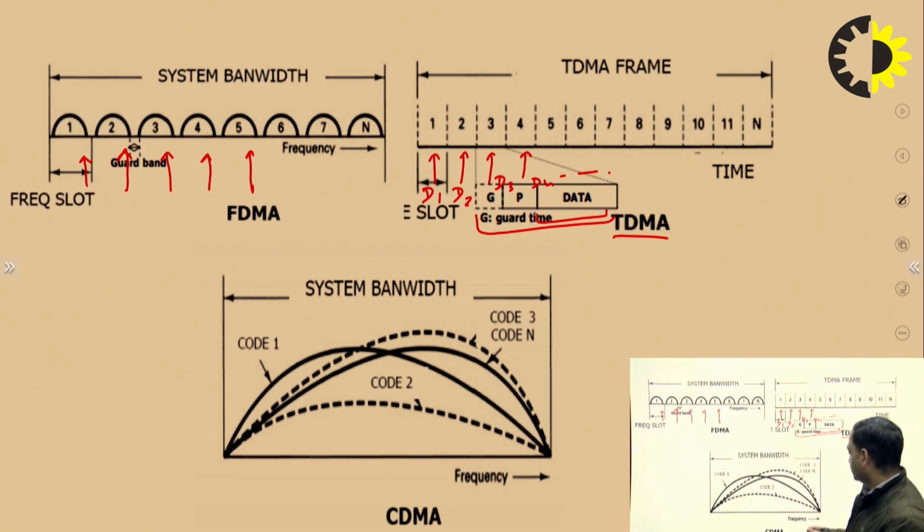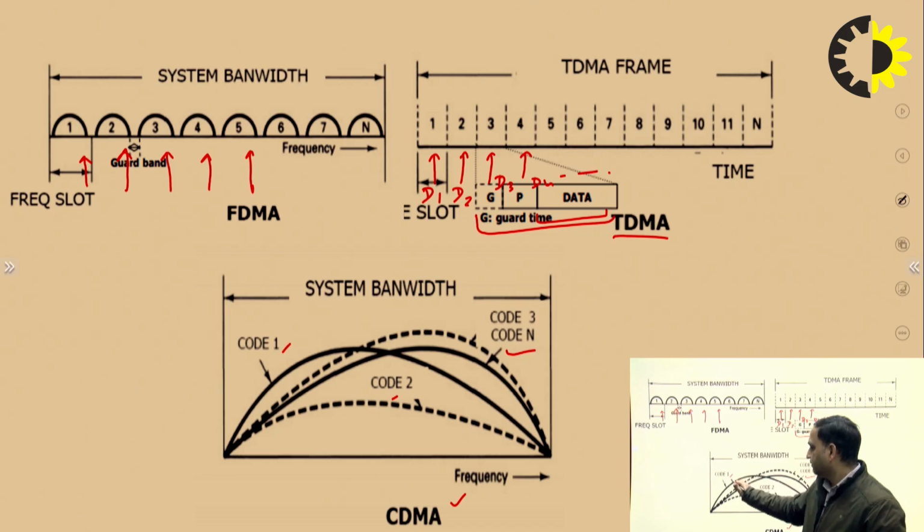Similarly, in the CDMA system we have different codes, code 1, code 2, code 3 and so on, and we use the same bandwidth for transmitting the data. Each user is allocated the same given bandwidth, but different pseudo codes are used.